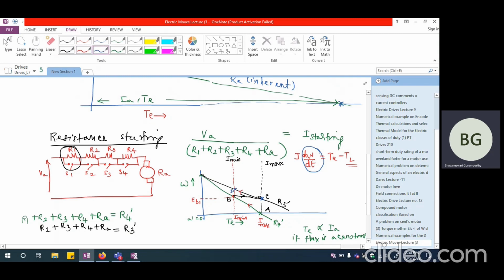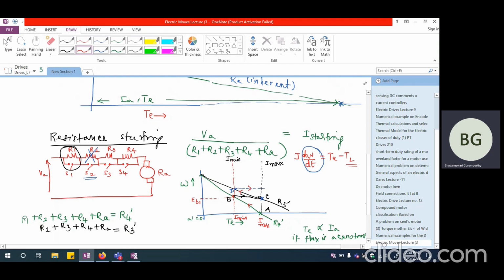So once it reaches operating point D, now again you are going to cut off one more resistance. When you cut off one more resistance, that is, this R2 is going to be cut off by closing the switch S2, what is going to happen is that again it will travel along this direction.